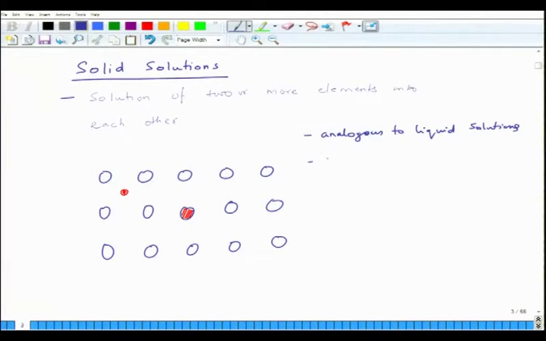The same thing happens with solids as well. Solids can only dissolve a certain amount of solute. So you have solute and you have solvent. Solvent is the host phase and solute is the impurity phase. So they can only dissolve a certain amount of solute in most cases.